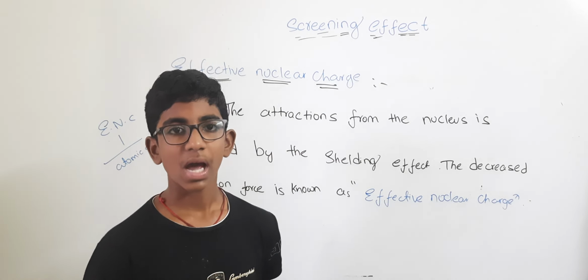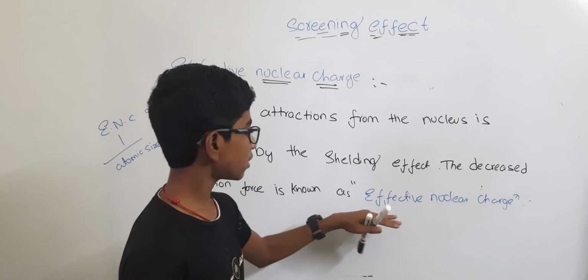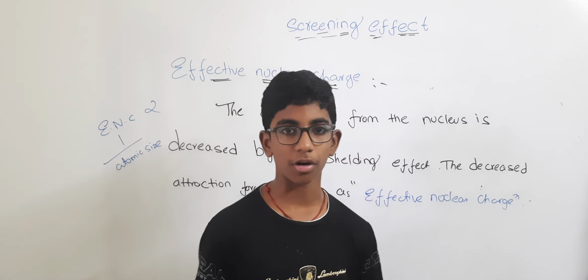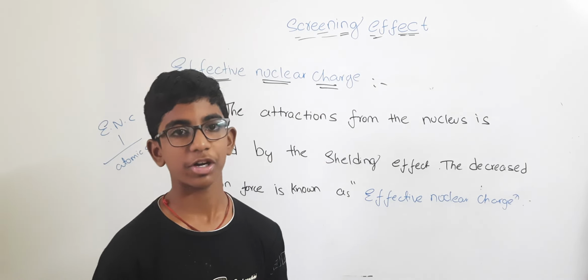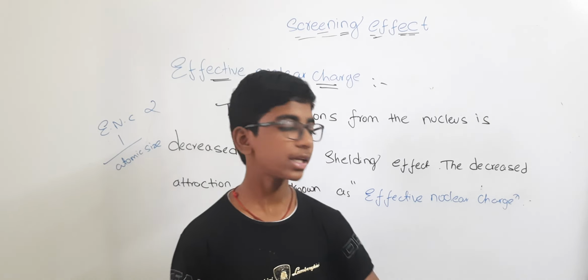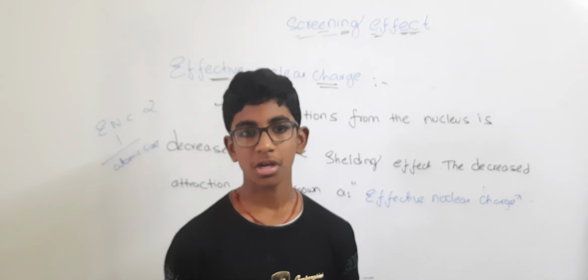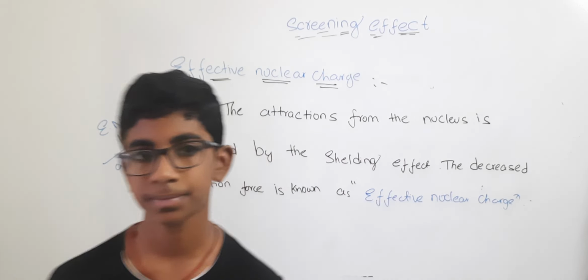Now we see how to find the effective nuclear charge of an atom by the shielding effect. How to find the shielding effect and how to find the effective nuclear charge by some formulas.